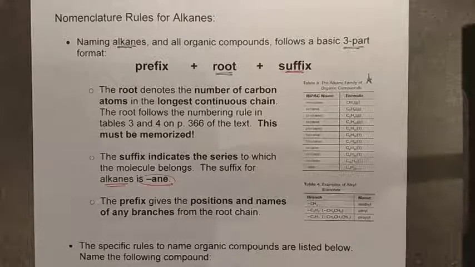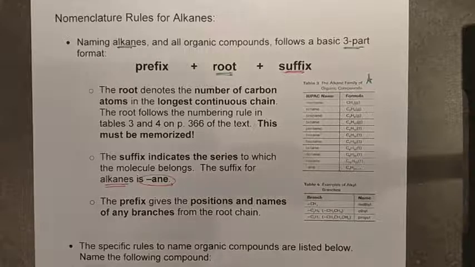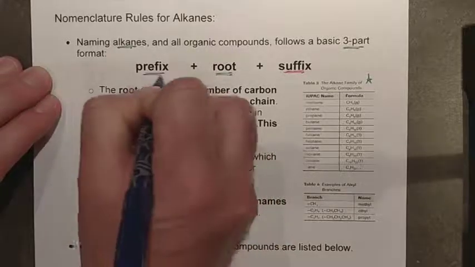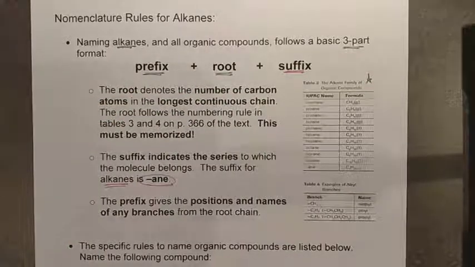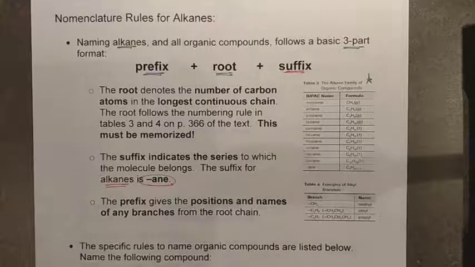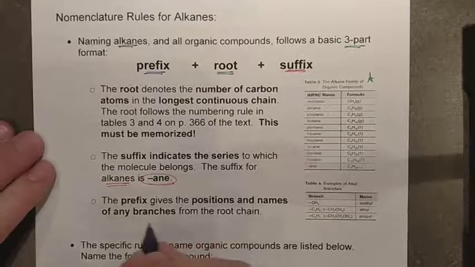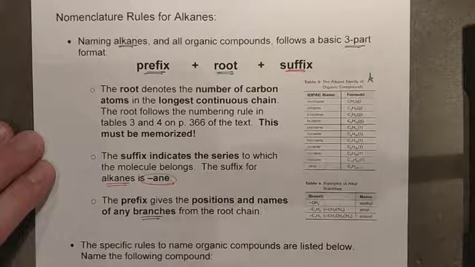The last thing we have to talk about here is the potential for any sort of branches or add-ons to this chain. And this will start to set a list of prefixes for us. In Chapter 9, these branches and prefixes will just be other carbon-hydrogen attachments. And so we like to think of them as branches off of the parent or root chain.